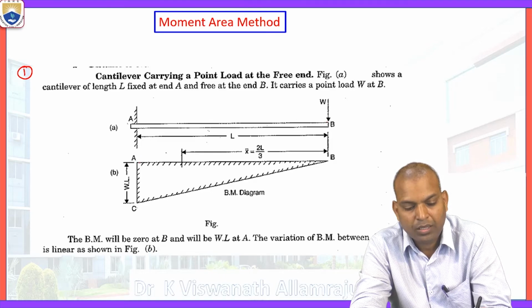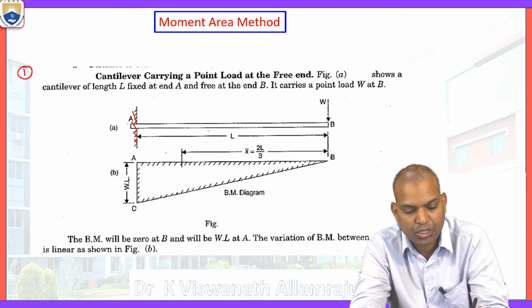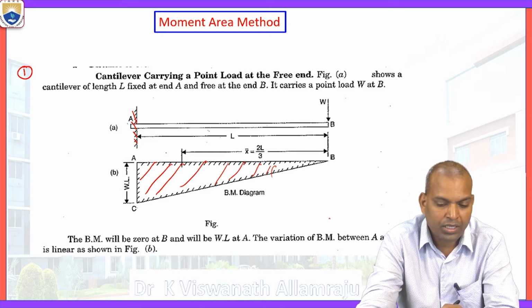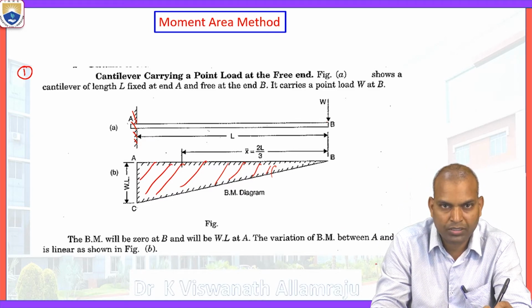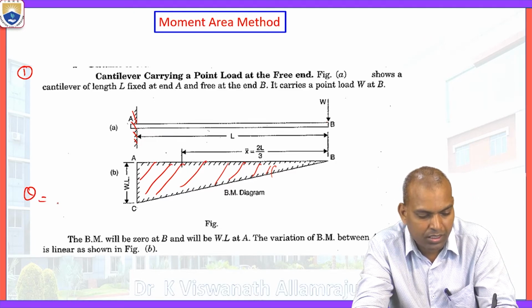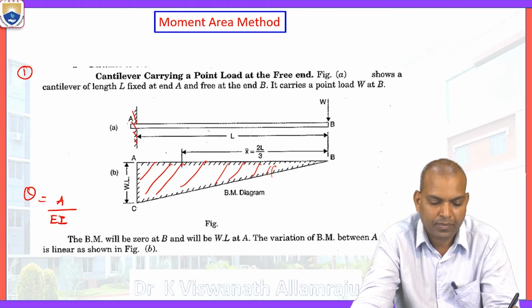Now, the bending moment diagram for a cantilever beam subjected to a point load at the free end has a particular shape. In order to find the slope and deflection, what is required for slope? For slope, the area of the bending moment diagram divided by EI.